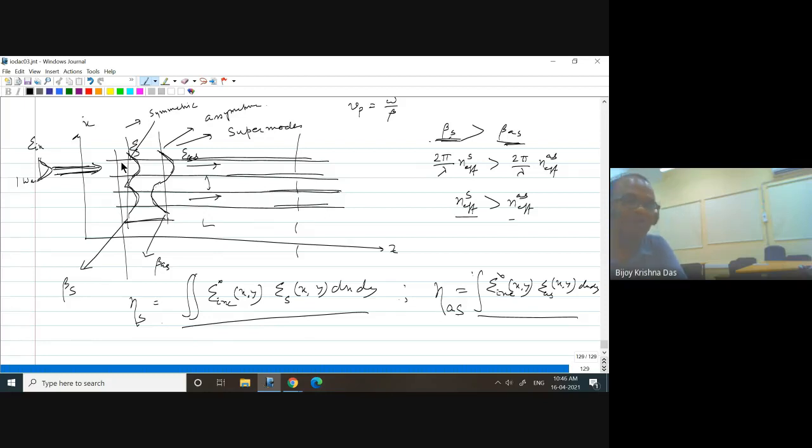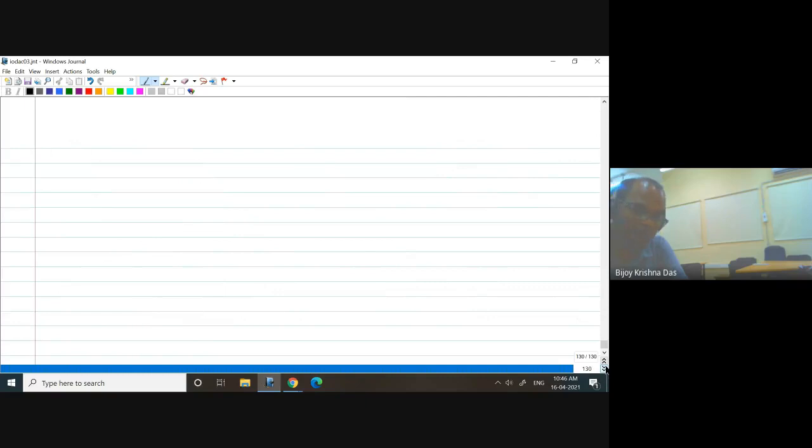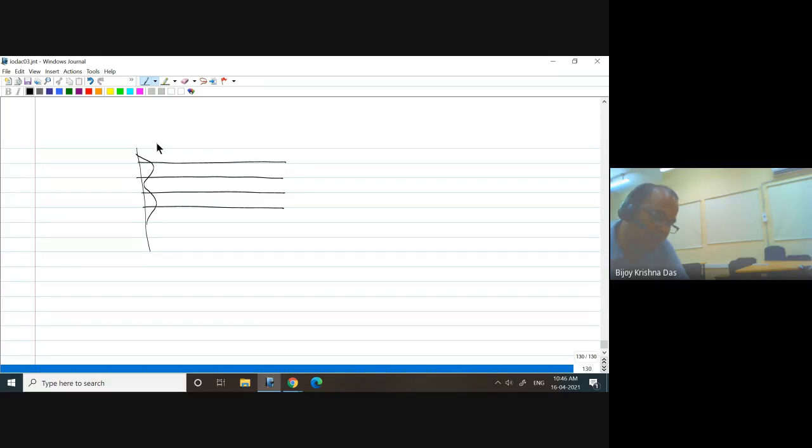So since they travel at different speeds, at any particular length the symmetric mode will acquire more phase compared to the antisymmetric mode. If I just refresh once again, you can think of one waveguide and another waveguide. In the beginning, you have excited the symmetric mode and the antisymmetric mode at the same place, at z equal to 0, though I am sketching in a different way.